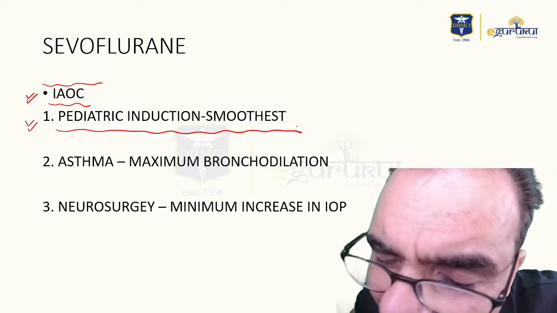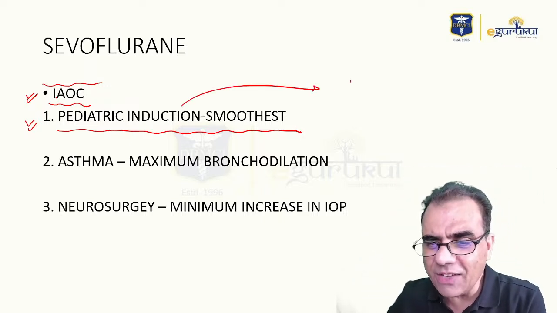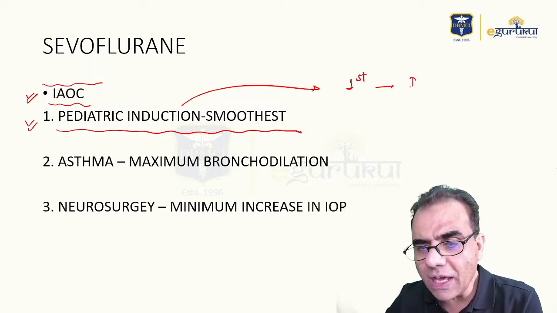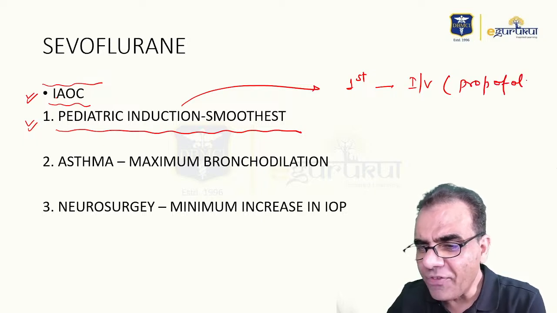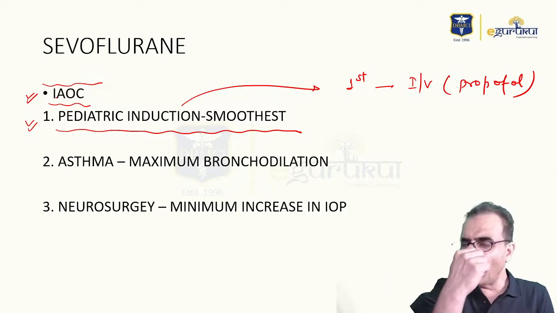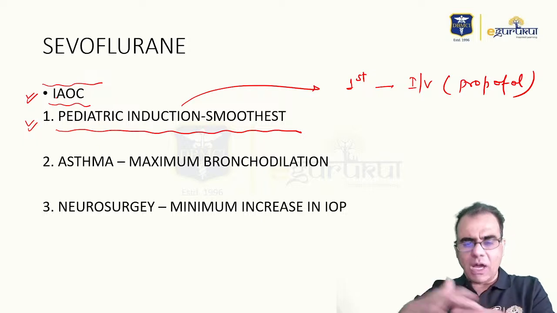See, for induction, even for a pediatric induction, if I ask you the first agent of choice, it is still IV. I told you, preferred method is always IV. Propofol is ultra fast acting, but the problem in children is that they come without IV cannulas.